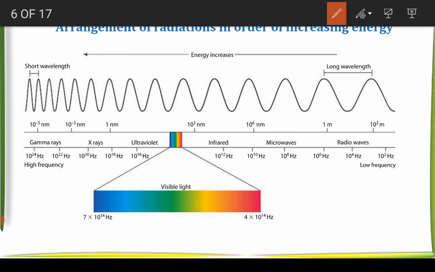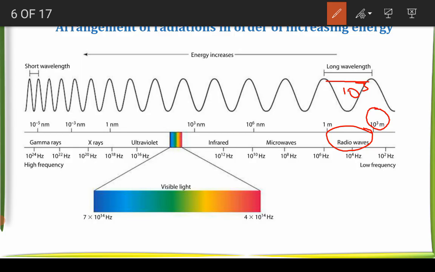So as you move from gamma to radio, so this is radio. Up here you have its wavelength. So we said the wavelength is 10 to the power 3 meters. This distance here is 10 to the power 3, or 1000. Right?